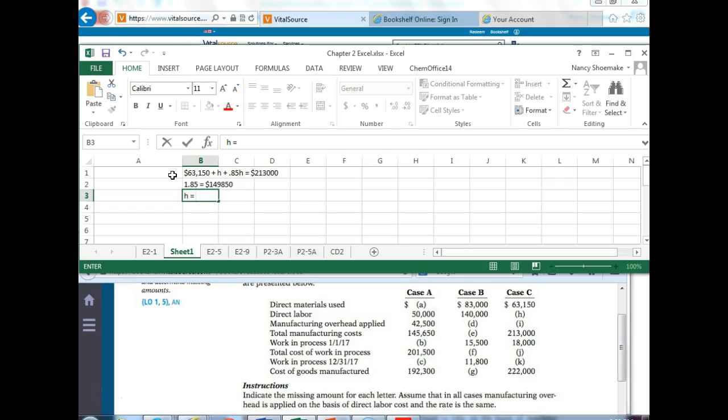What does H equal? 81,000. So if H equals 81,000, that means our direct labor is 81,000. Our manufacturing overhead would be 81,000 times 85 cents, right?